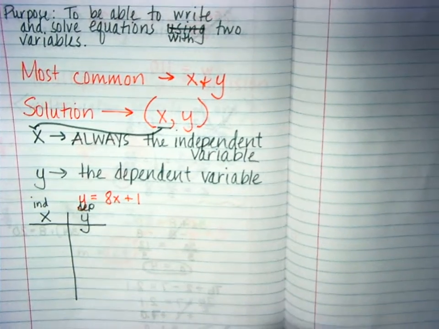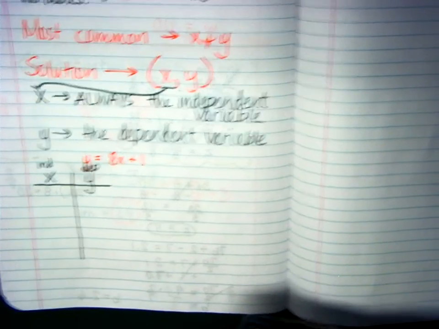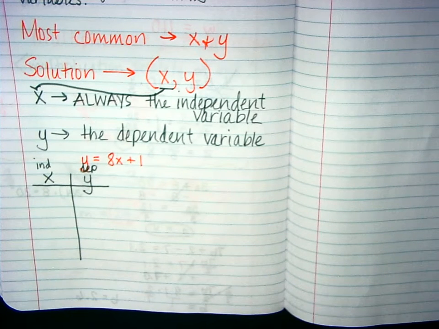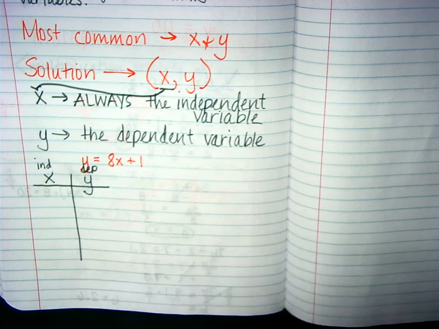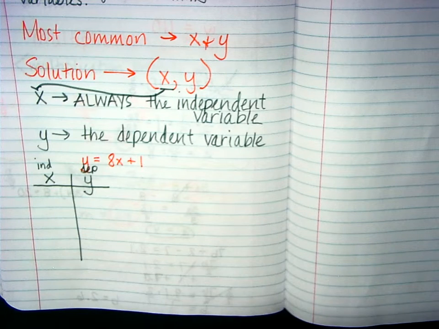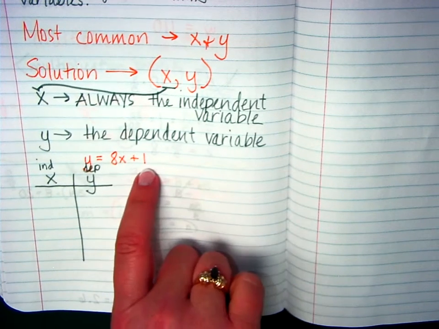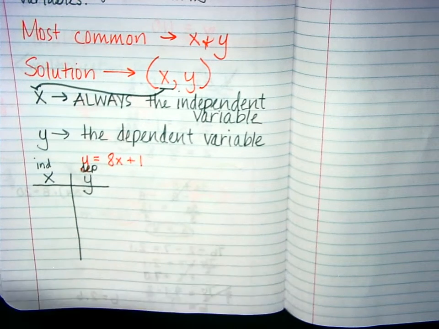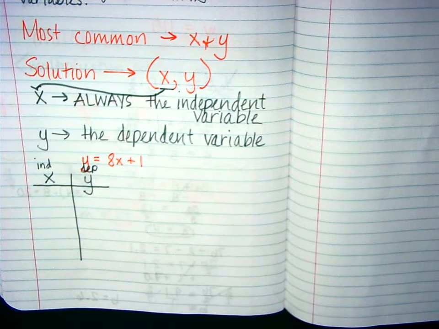And this was the thing that, when I first learned how to do this, just flipped me out. I couldn't wrap my brain around it. So I'm hoping to teach it in a way that you don't have the same problems I had. Because I could draw my T-chart, and then I got nothing.